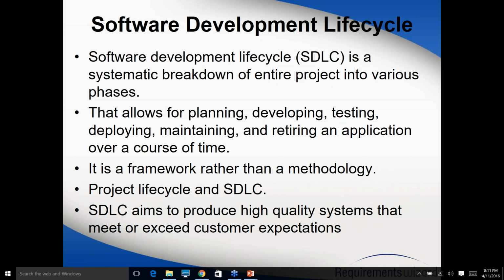And it's a generic name. There are different types of SDLC. We will take a look at that after we understand the SDLC itself. So here we are talking about the generic SDLC. What are the different phases through which an application will go through before it is given to the customer?